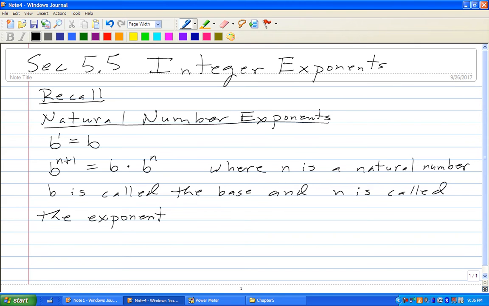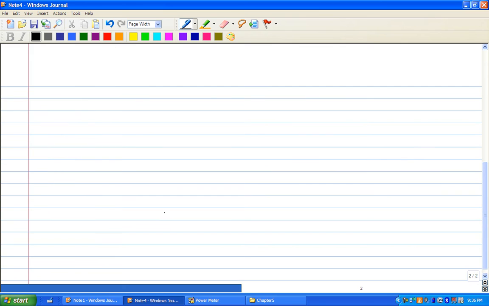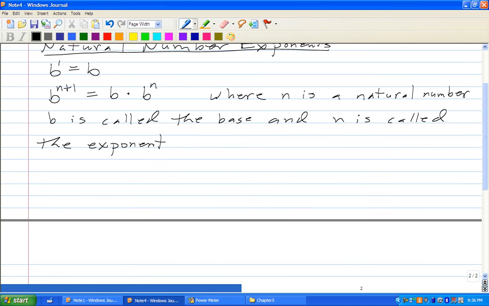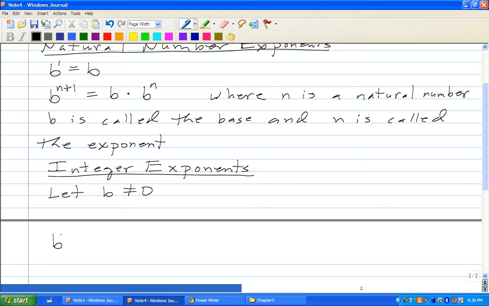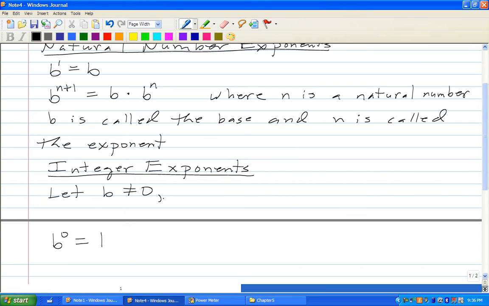Okay, so let me do integer exponents. Let me suppose that b is not 0. Then I'll define b to the 0 to equal 1.